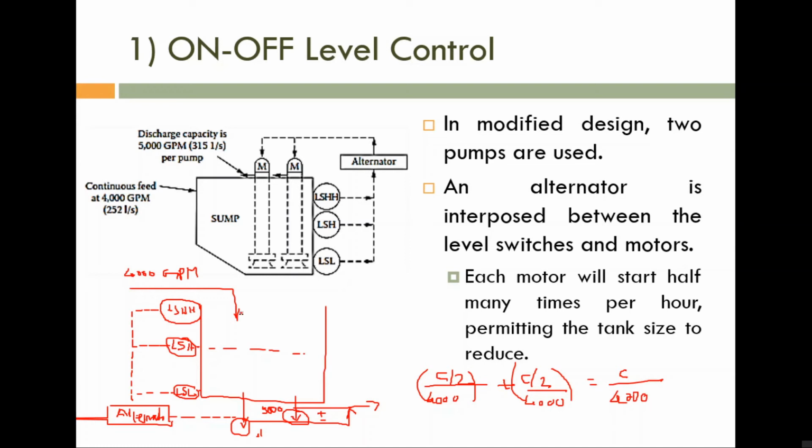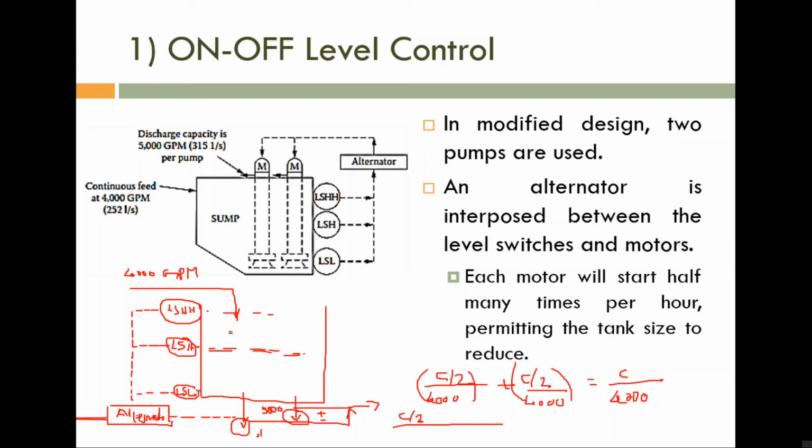So once it is filled, LSHH is activated, which will start one pump. Say for explaining purposes, it will start the first pump. So the time required to reduce the liquid level from LSHH to LSH is C by 2 divided by, now you can see that the input flow rate is 4000, the output flow rate, that is this particular one, is 5000.